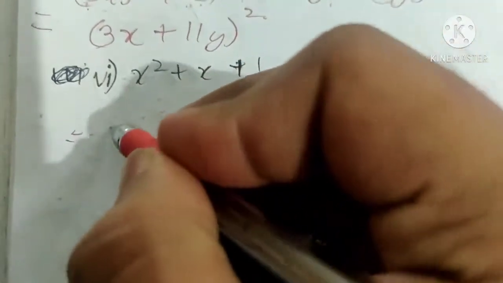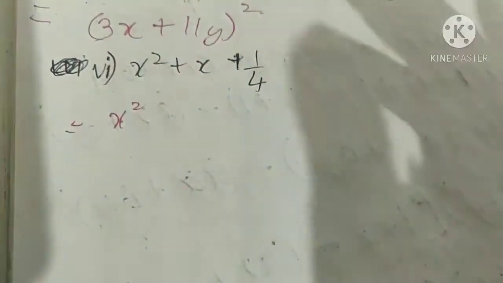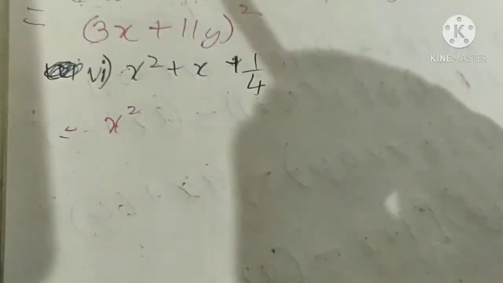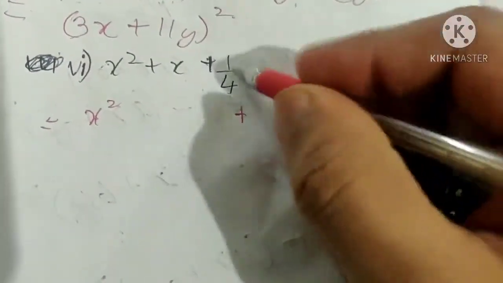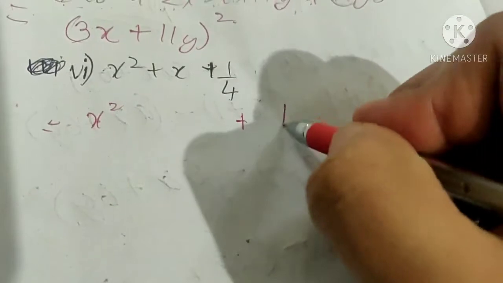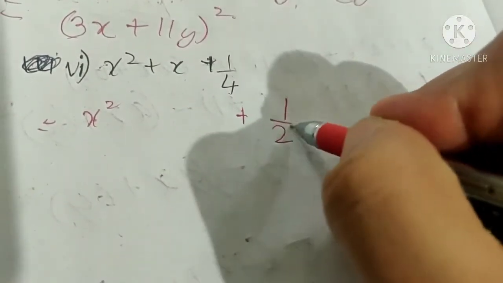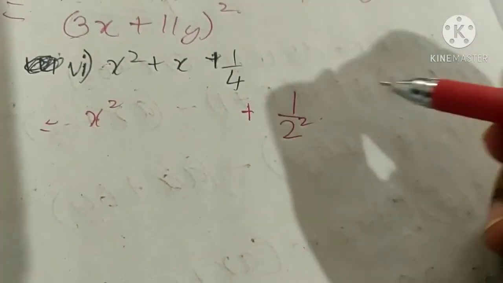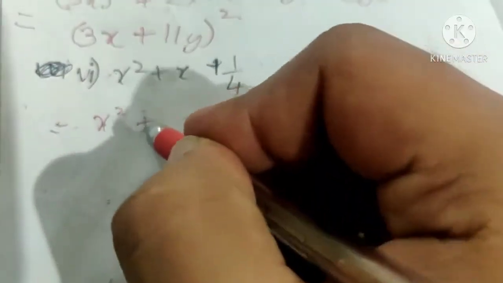So this term is in a square form itself, that is a square, then leaving the middle term, plus 1 by 4 can be written as 1 by 2 to the power 2, and we have plus x.